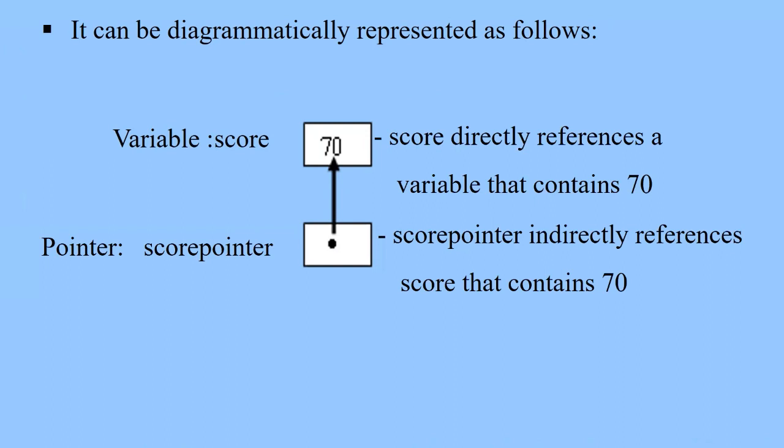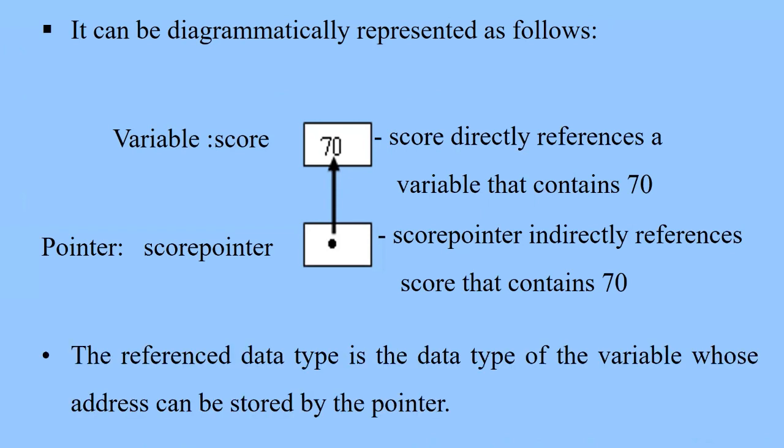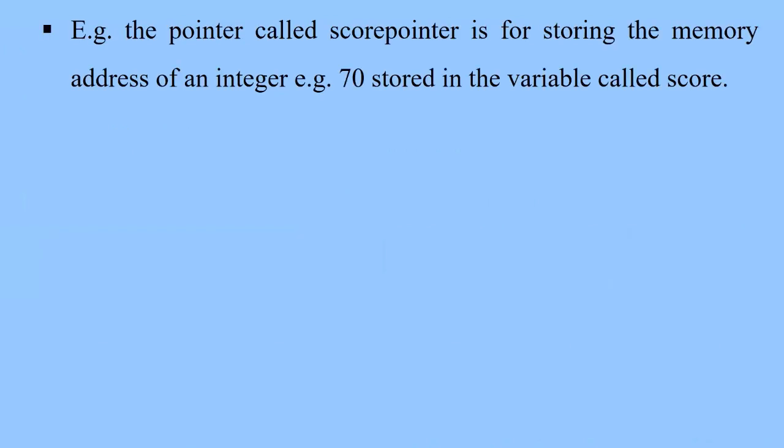Like in this case, score pointer indirectly references a score that contains 70. The reference data type is the data type of the variable whose address can be stored by the pointer. For example, the pointer called score pointer is for storing the memory address of an integer.